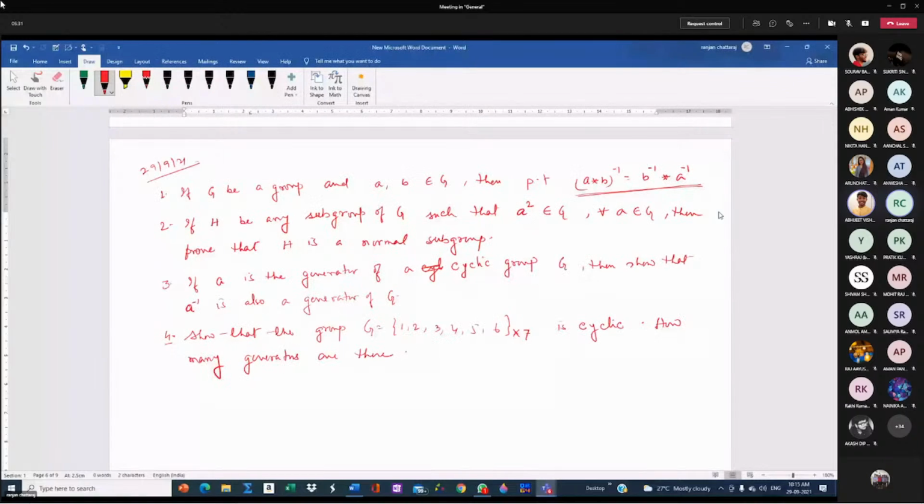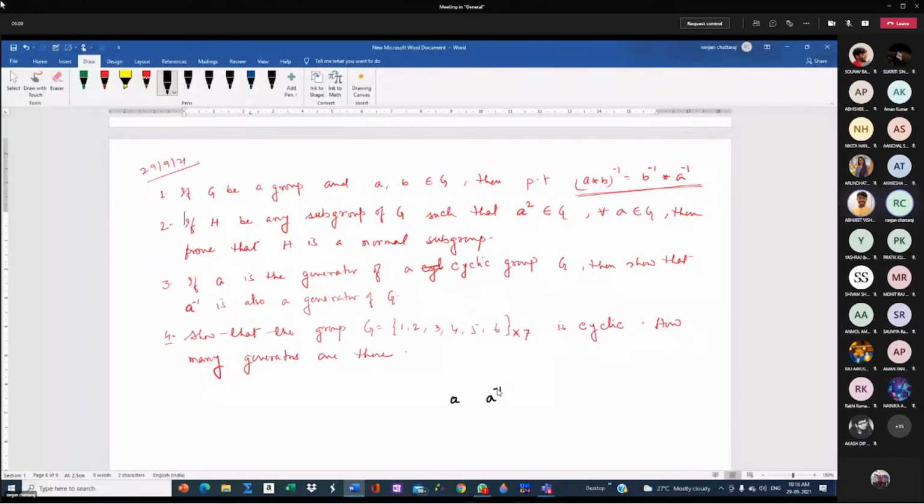So my question is, what is the idea behind proving this? We have to show that the inverse of A star B equals this. So what we have to do? Suppose we have A and A inverse, the inverse of A denoted by A to the power minus 1.